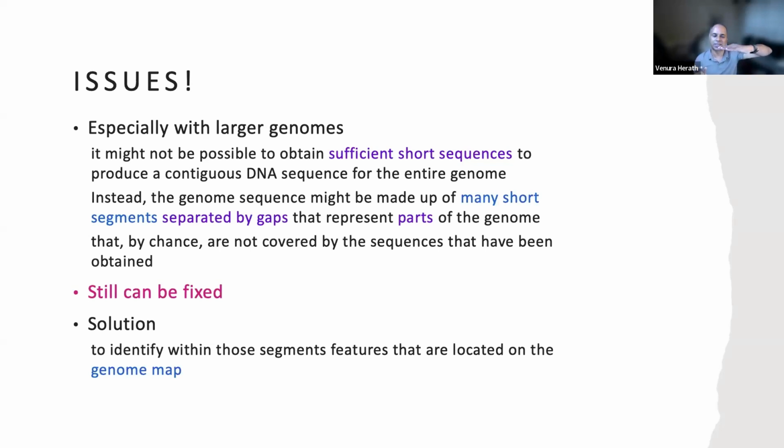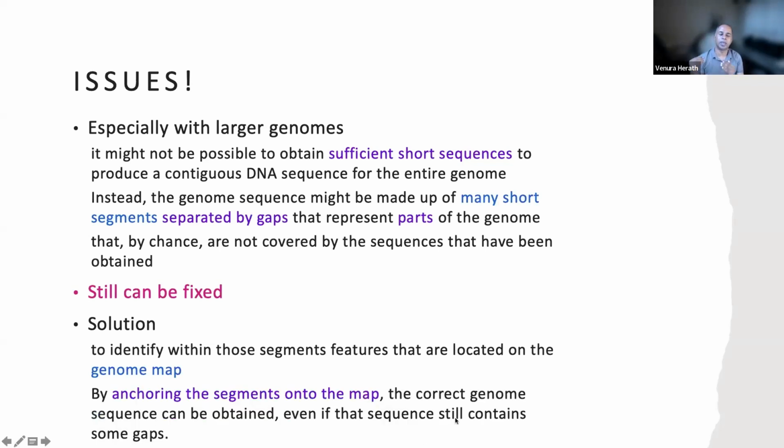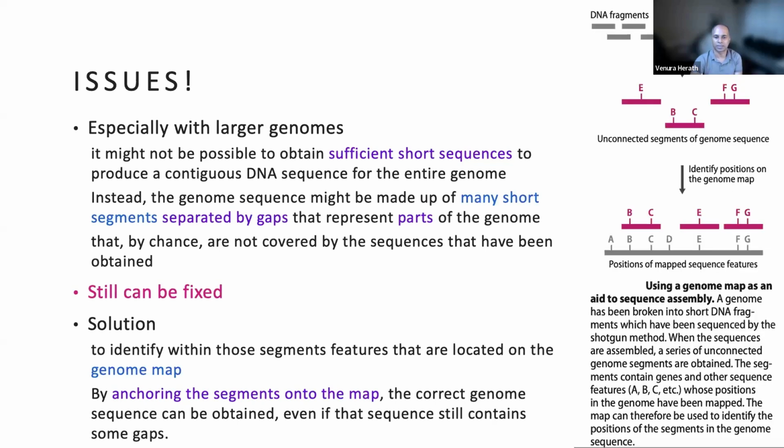But if you have that sequence along with the genetic map, that means now you have a kind of blueprint or footprint to assemble your genome even though there are gaps. So how do you do it? We basically anchor our segments onto the map, and thereby we can obtain the correct genome sequence. So therefore we are basically reducing the amount of issues caused by the gaps.